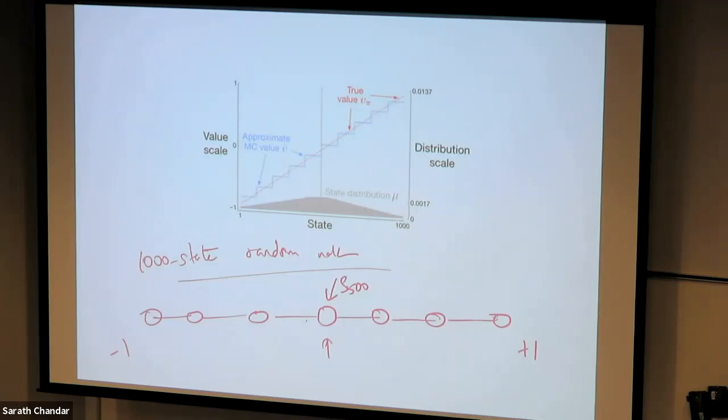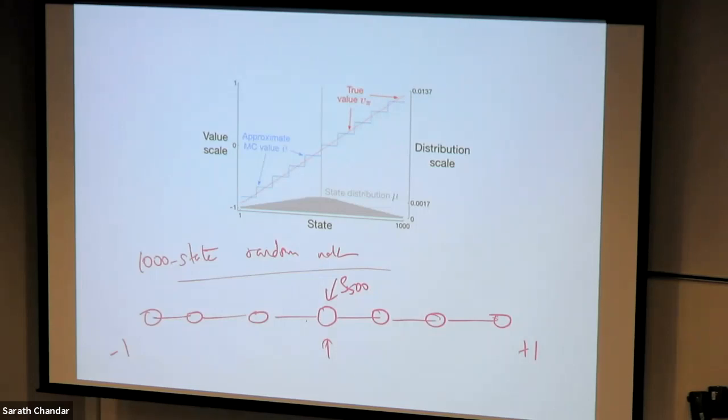The red line that you're seeing is the true value of these states. You can see that you have a value of 0 for the 500th state because you can either go all the way left and get a -1 or go all the way right and get a reward of +1. So the value of the middle state is 0, the value of the right state goes towards 1, and the value of the left state goes towards -1.